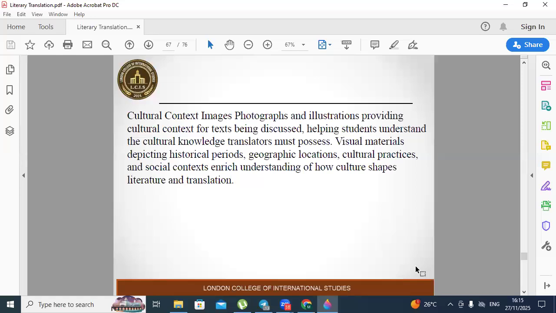Images make cultural context vivid and memorable. Seeing traditional Japanese architecture helps you understand how space functions in Japanese literature. Seeing historical photographs helps you understand the visual world source texts reference.